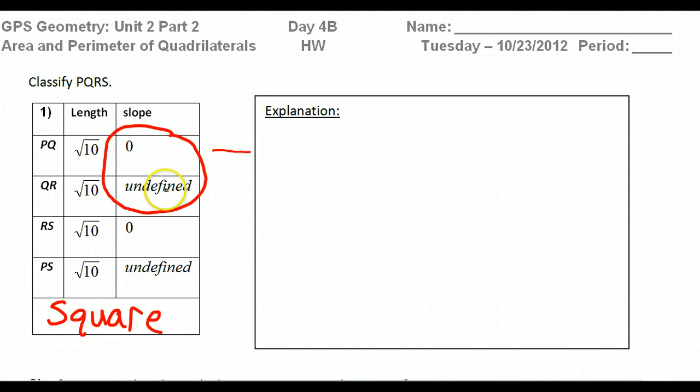A slope that's undefined is a vertical line. If you have a horizontal line and a vertical line, they are perpendicular. So please understand, when you see a 0 slope and an undefined slope consecutive like that, you are talking about perpendicular lines. Since it's perpendicular, 90 degrees, that makes this a square, not just a rhombus.